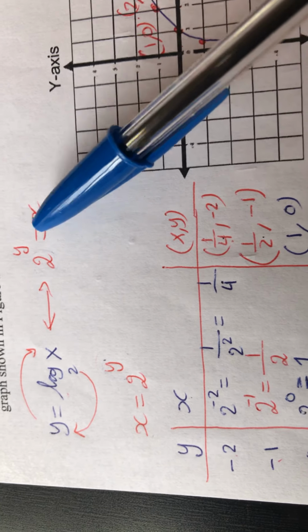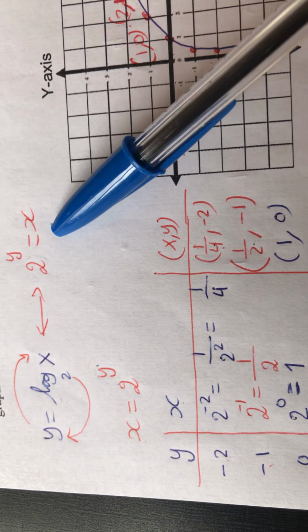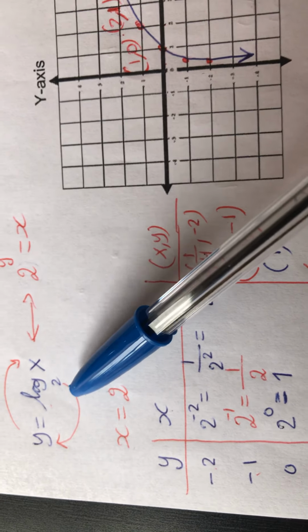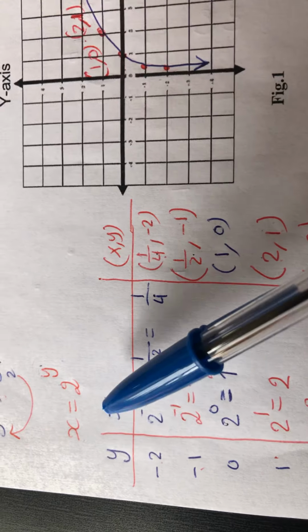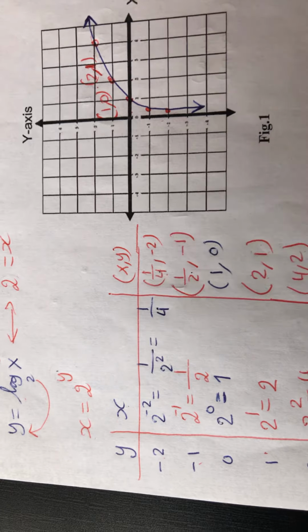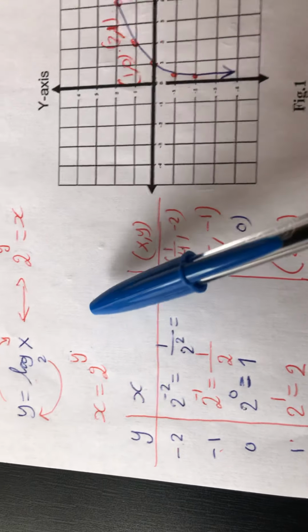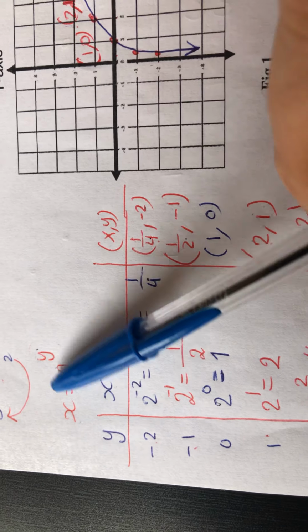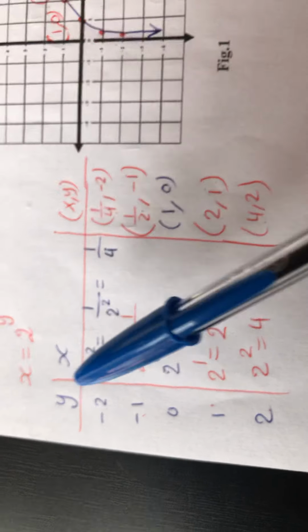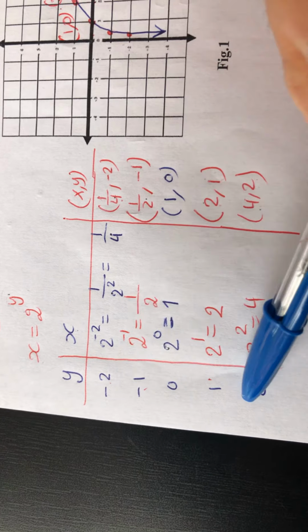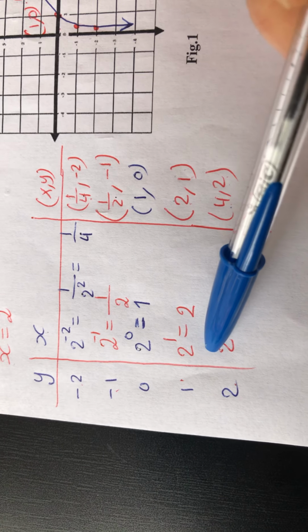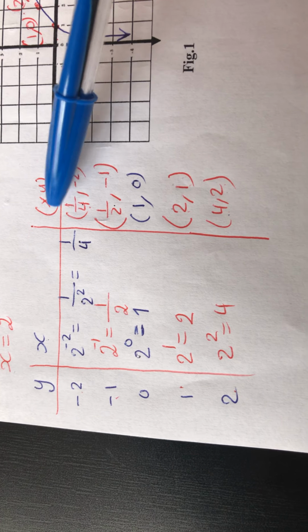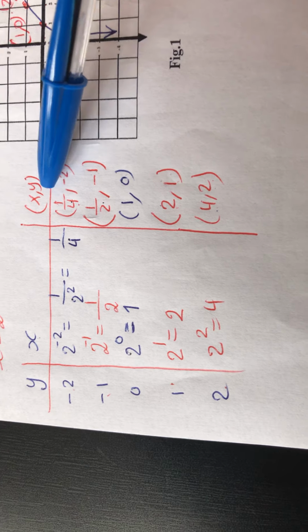Now let us graph this exponential, which is equivalent to the logarithmic function. To graph x equals 2 to the power y, here y is the independent variable and x is dependent. So let us first take values for y, then find x. Then we write the ordered pair x, y.